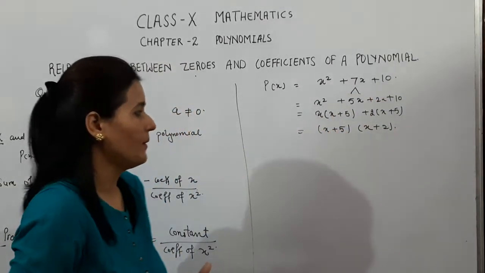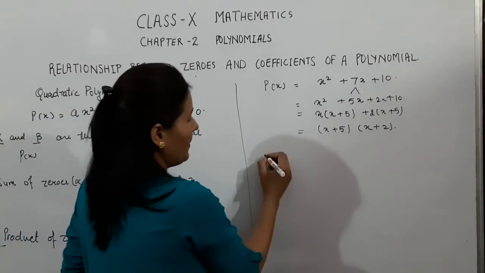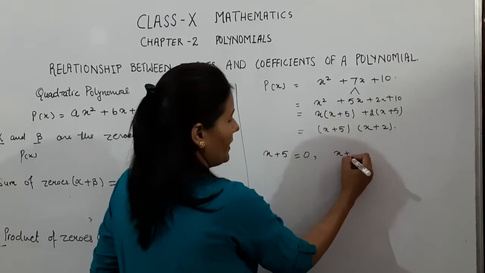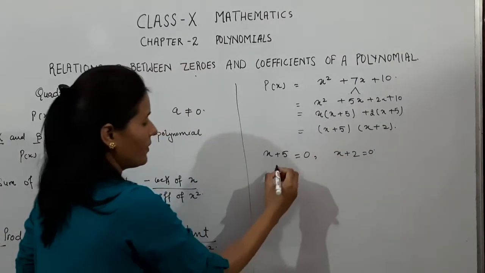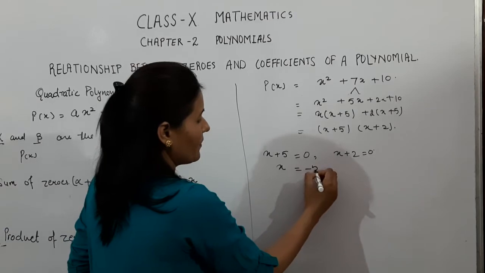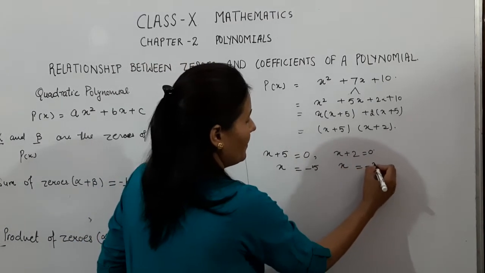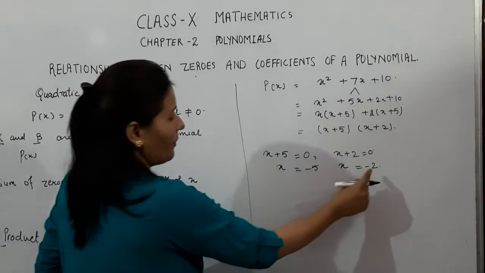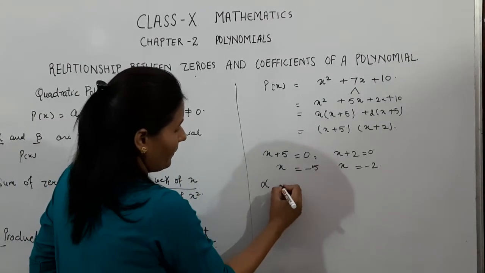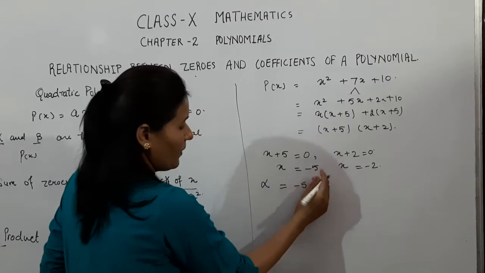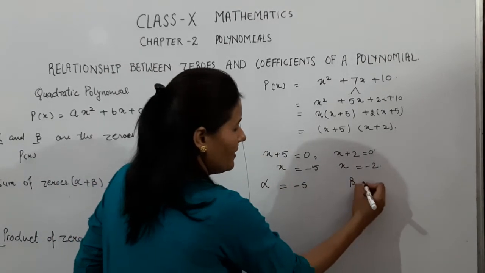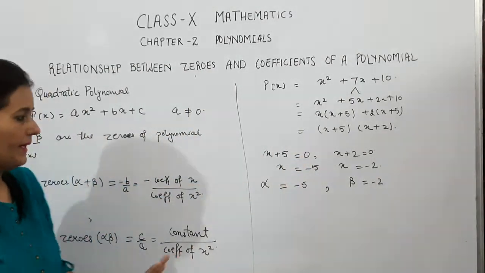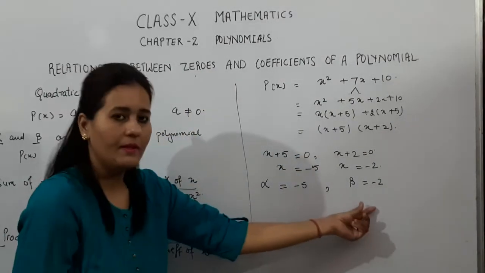Now to find the zeros, put each factor equal to 0 individually. So here we get x = -5 and x = -2. The notation for the zeros of the polynomial was alpha and beta. Let me take one zero as alpha and another as beta. So alpha and beta are -5 and -2.